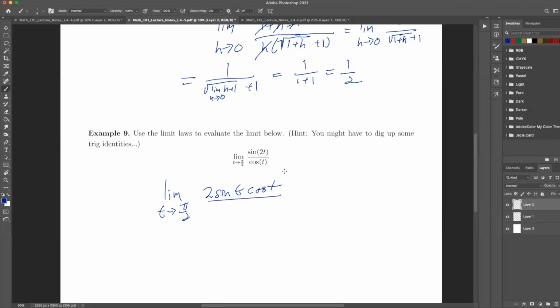This is just some sine law that you've learned at some point, hopefully. Here, I can safely cancel the 2 cosine t's, and then here I'm left with the limit of 2 sine of t as t approaches pi over 2. Well, that's equal to 1, so this is equal to 2.